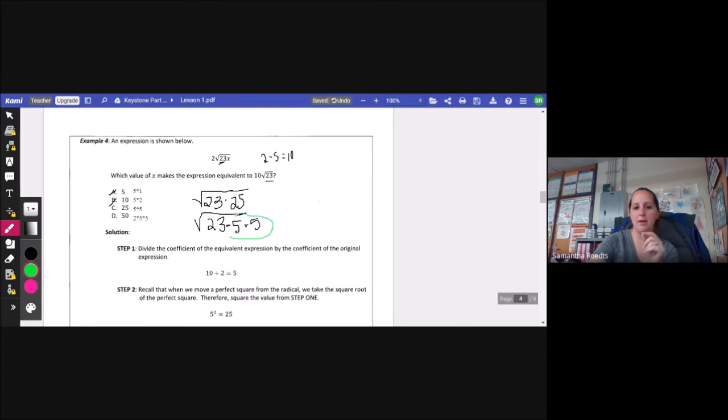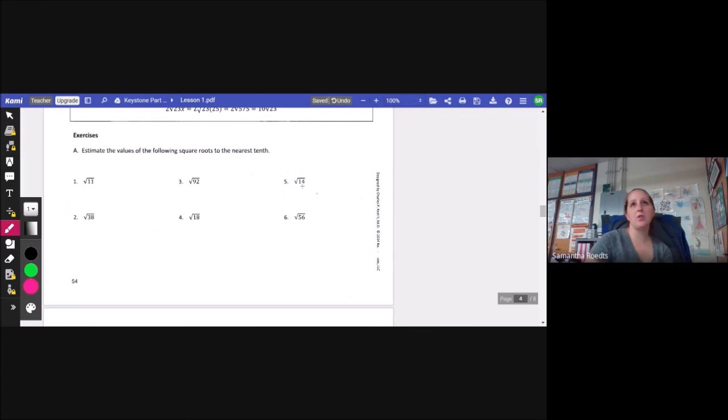This is a pair. So this can come outside. Okay, and I already have the 2 out here. Okay. So now I have a 5 out here as well. 5 times 2 is 10. And then I'm left with 23 underneath the radical sign. Okay. So that means my answer has to be C.